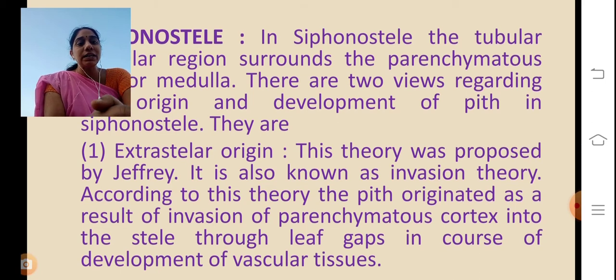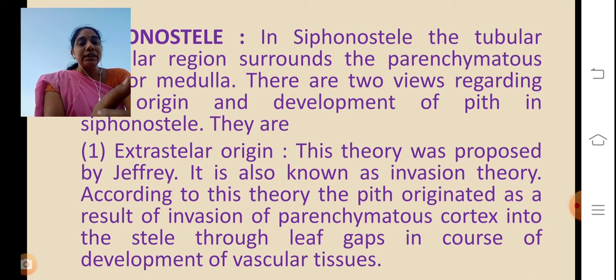This theory was proposed by Jeffrey. It is also known as invasion theory. According to this theory, the pith originated as a result of invasion of parenchymatous cortex into the stele through leaf gaps in the course of development of vascular tissues.